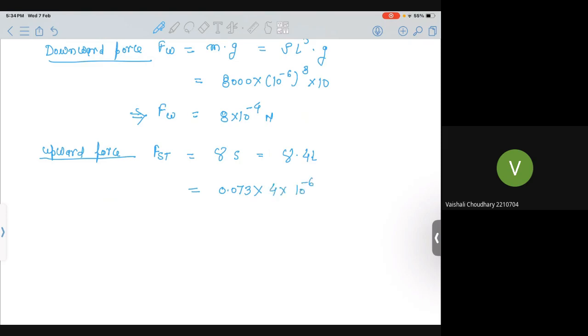Okay. So if you solve this, you'll get a surface tension force of 2.9 into 10 to the power minus 7 Newton. Okay.